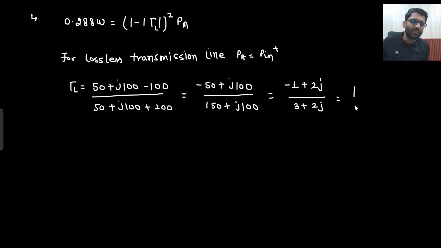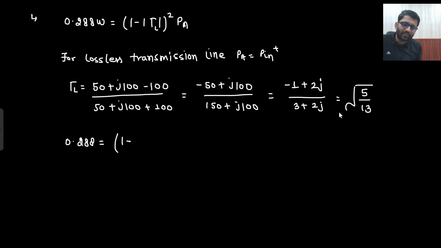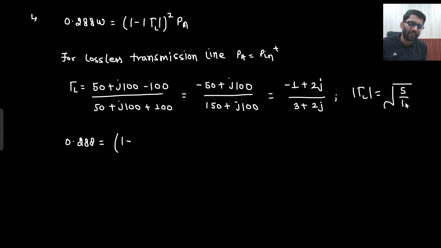What will be this value? Square root 5 divided by 4 square root 13. Now gamma L square I need to do, that is 5 by 13 only. So without even using the calculator, I could have solved it. Mode of gamma L is square root 5 by 13.